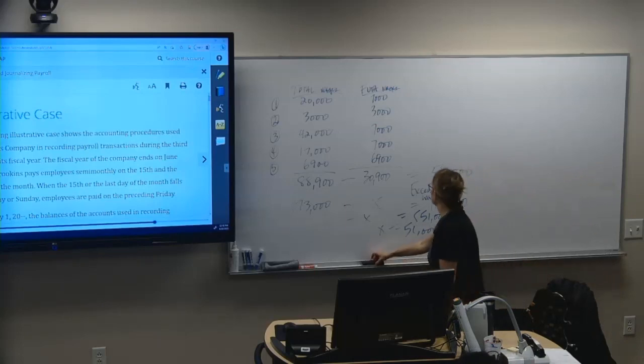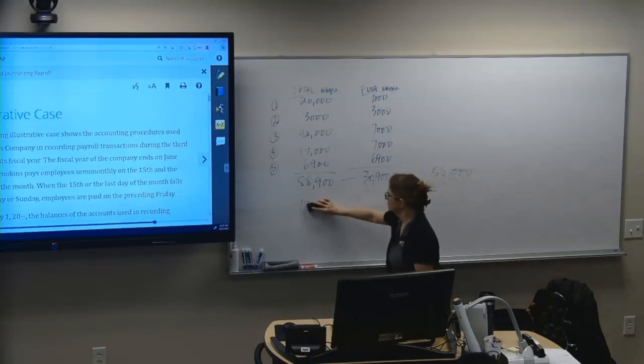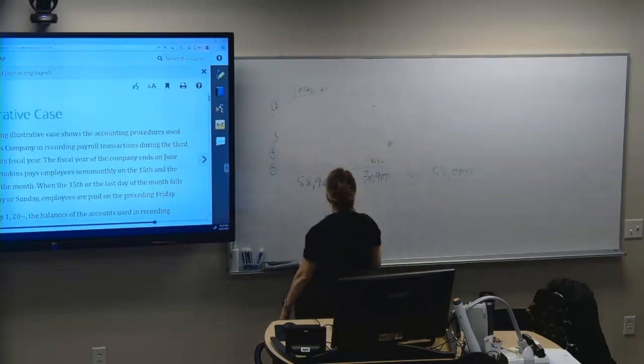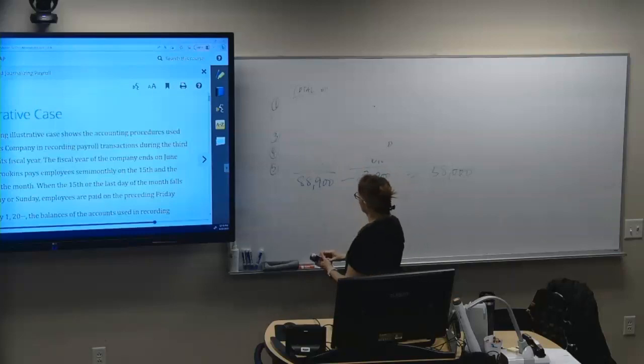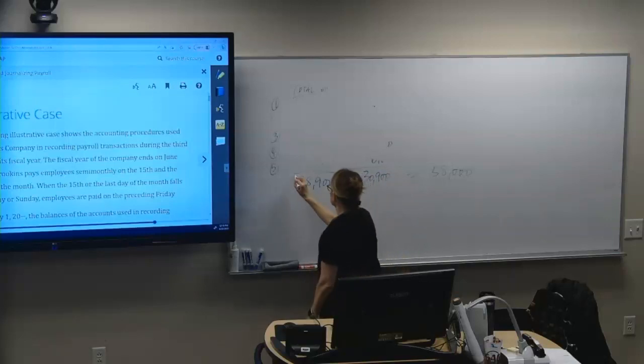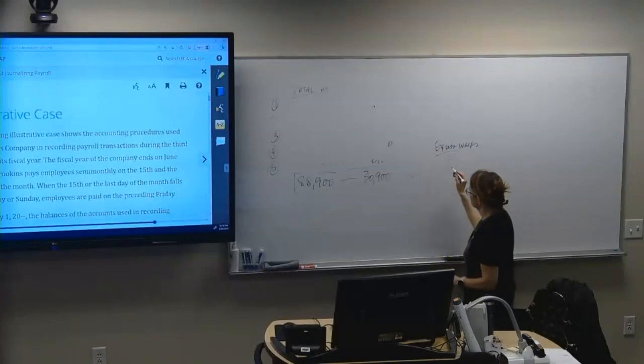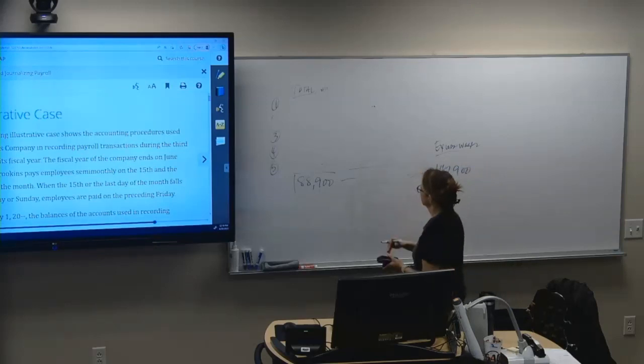So I'll use different numbers. Let's just change this one a little bit. Forget about all of this stuff here. Let's say that our total wages were 188,900, and our excess wages were 147,900, and we have to figure out what our FUTA taxable wages are.